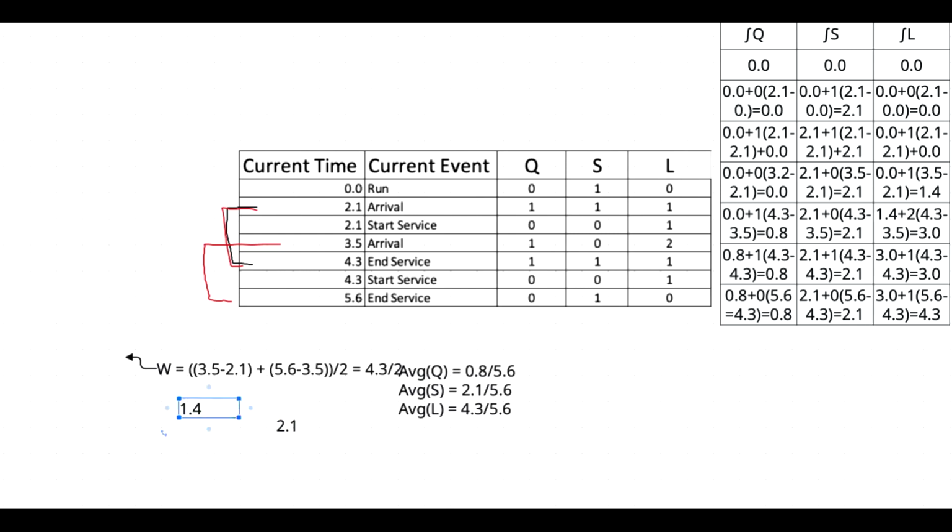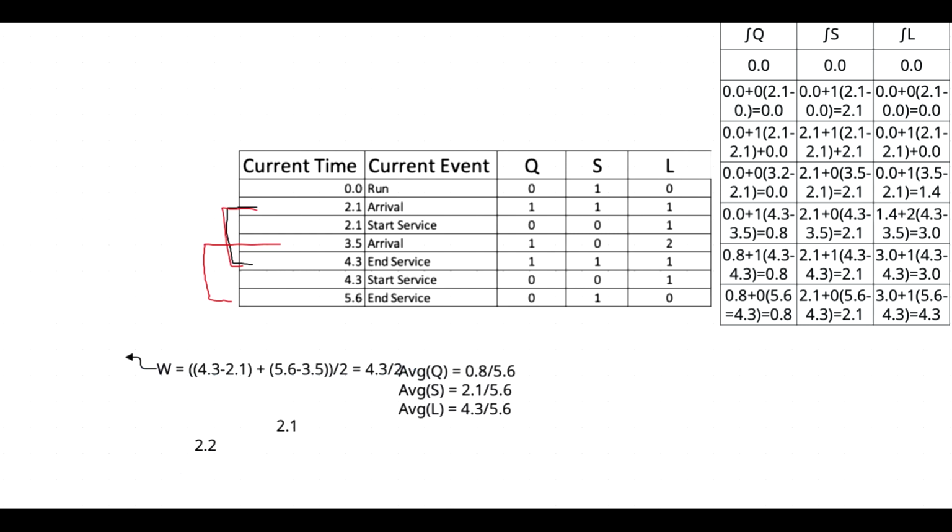This is 3.5. Wait, arrival. Oh no, yeah. He left at 4.3. Yeah, you're correct. So that should have been 2.2. So 2.2 and 2.1 is 4.3. Okay.